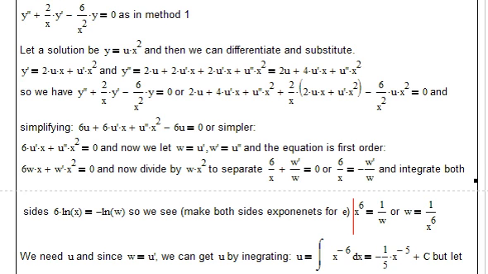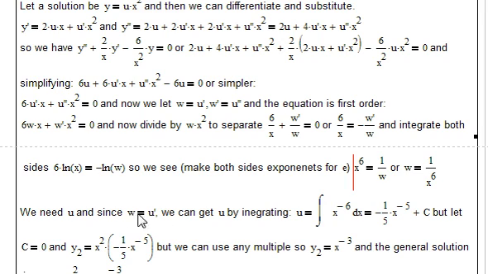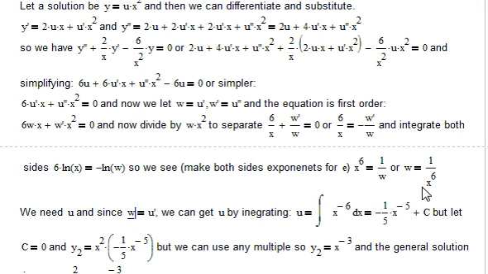So now we need u. And since w equals u prime, we can get u by integrating, right? Because we got w, here's w, that's u prime. One integration, integrate this, we get negative 1/5 x to the negative 5 plus c.